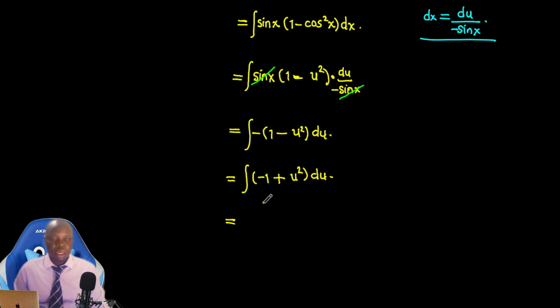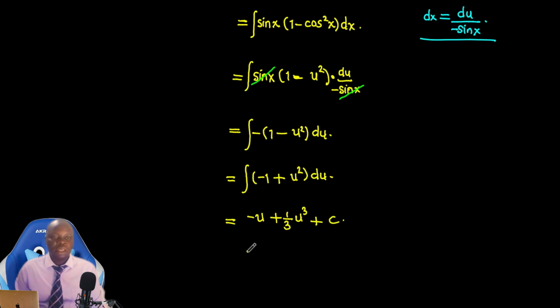So here, the integral of negative 1 is negative u, because we're integrating with respect to u. We simply attach our variable, and the integral of u square with respect to u is increasing the power by 1 and dividing with the new power, and that is 3. We have divided here, and we are finished with our integration.